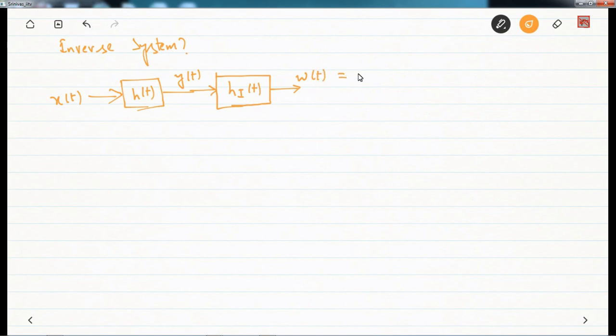So this w of t, if it is x of t, okay, let's not write here.